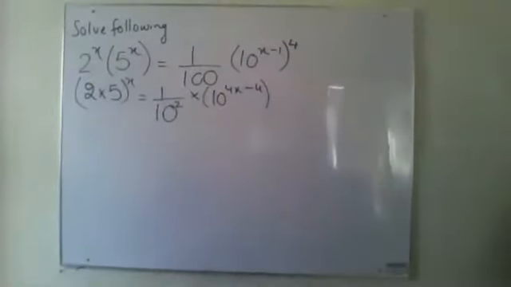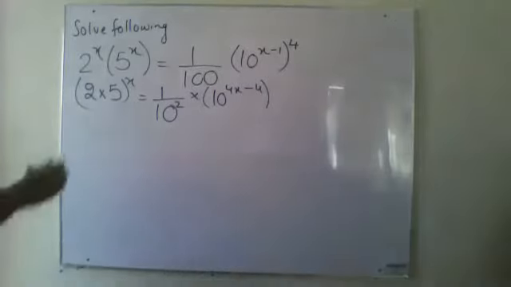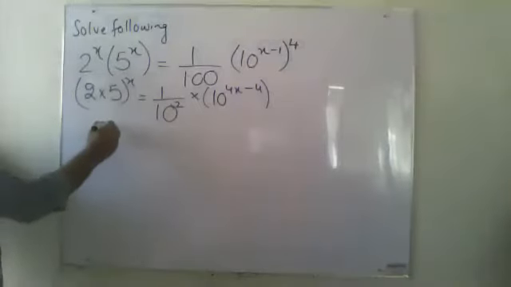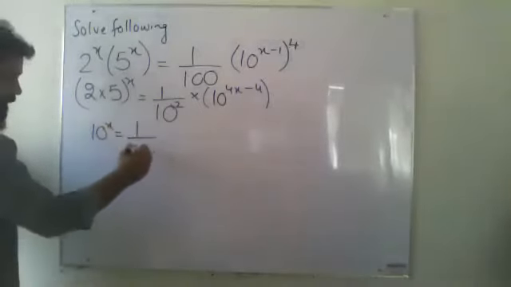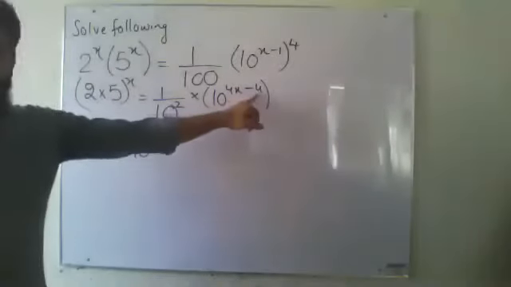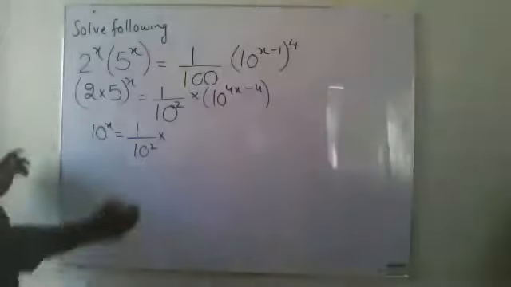Now the same question I am doing with substitution method. Okay. Just to see can we solve it with substitution method. So that is again my second step. So 10 to the power x equals to 1 over 10 square into this thing is in minus form. So how can I write it?